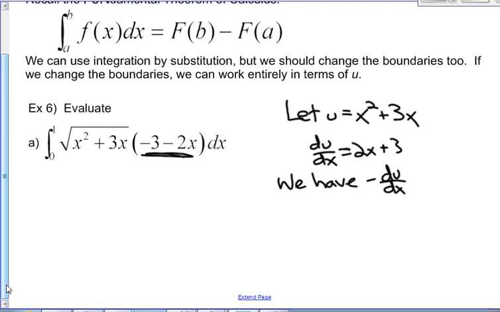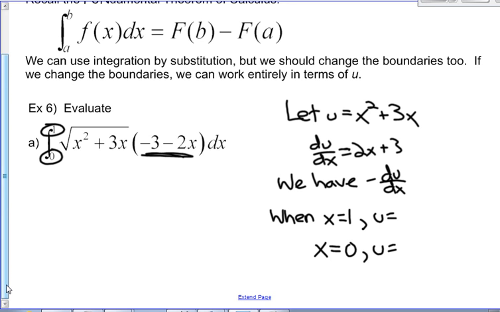Now, here comes the boundary switching part. When x equals 1, u equals something. When x equals 0, u equals something else. And I'm choosing those numbers 0 and 1 because they are the boundaries. So let's see.